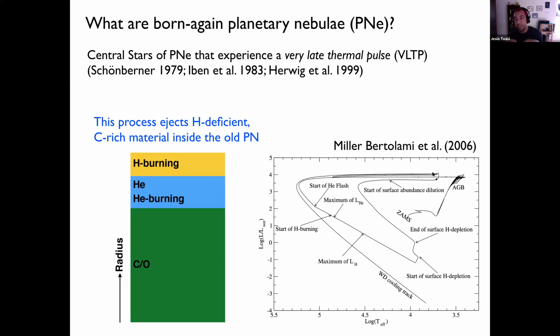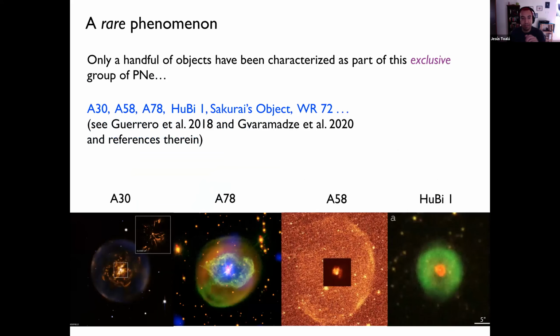The subsequent evolution is fast, and the star becomes a hydrogen-deficient, Wolf-Rayet type carbon-rich star. This explosion ejects hydrogen-deficient, carbon-rich material inside an old hydrogen-rich planetary nebula. So this is a very fast synthesis of what happens.